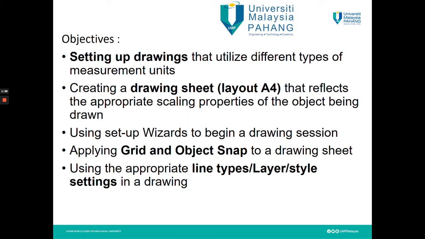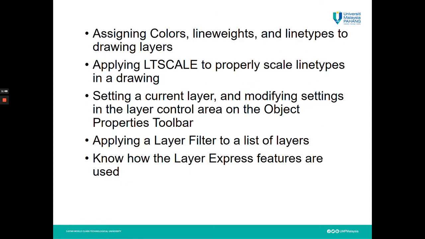Anyway, the objective of today is to do a setting up drawing, to know the different types of measurement, and then to create a drawing sheet out of A4 paper using a setup wizard to draw the session using grid and object snap, and then using the appropriate line types, as well as doing line types in colors, line widths, and using LT scale to scale the line types.